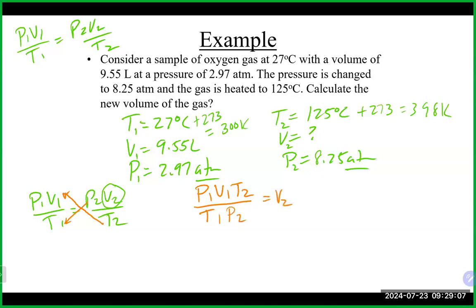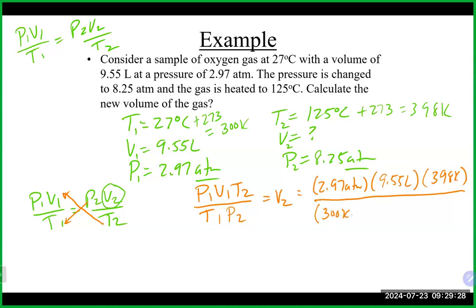Again, we want to make sure we get everybody in the right spots. So we go with P1 up on top, which is 2.97. We also go with V1, which is 9.55 liters, and T2 up on top, 398 Kelvin, all divided by our T1, which is 300 Kelvin, and our P2, 8.25 atmospheres.